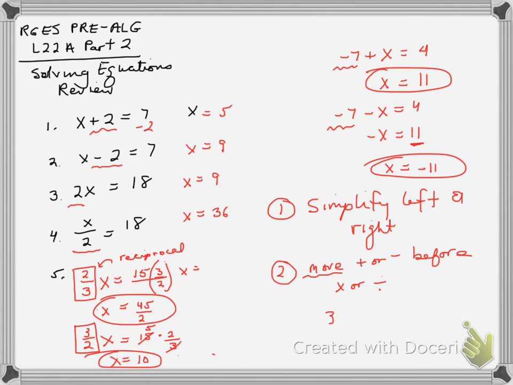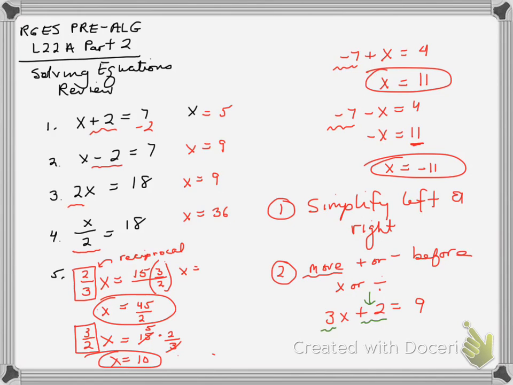So if I have 3x plus 2 equals 9. I have 2 things I need to get rid of. This and this. I must move this one first. Move the addition or subtraction before the multiplication or division.